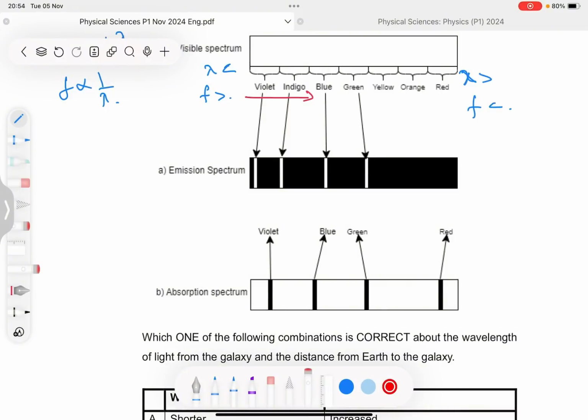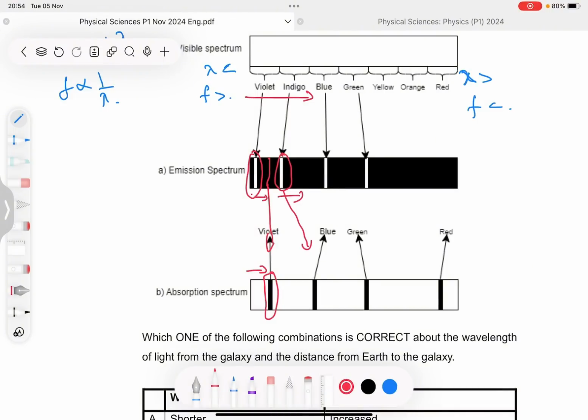Now, when we compare these two, we can see that what used to be violet, at the far end, is still violet after 10 years, but it has moved a little bit. Do you see that? It moved somewhere to this point. And what used to be indigo is now blue.